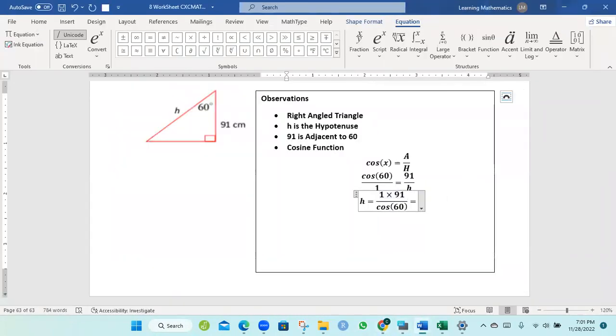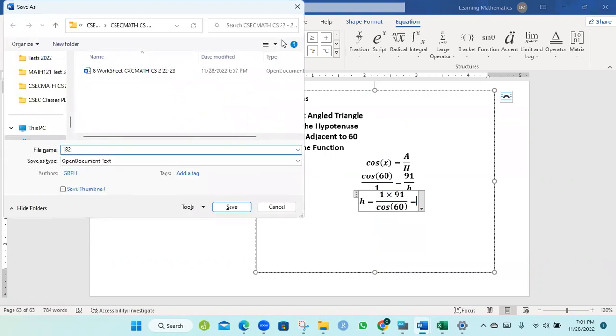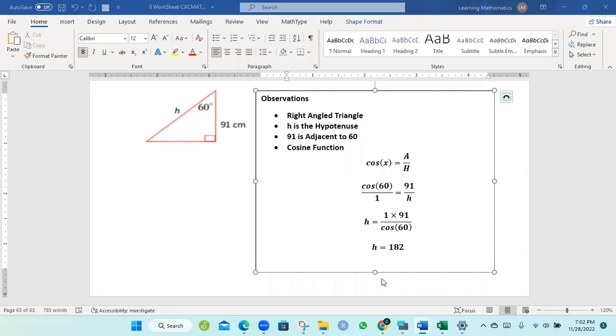So h is equal to 182 centimeters. One times 91 divided by cosine of 60, that's 182. So h is equal to 182 centimeters.